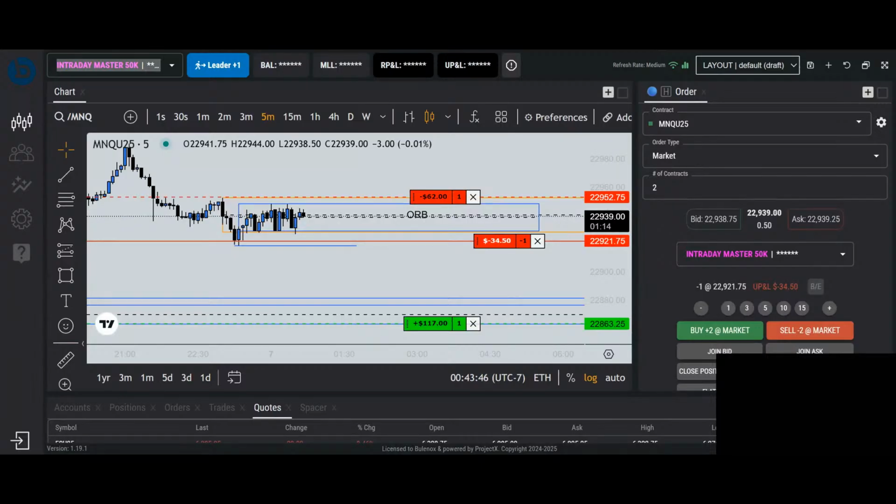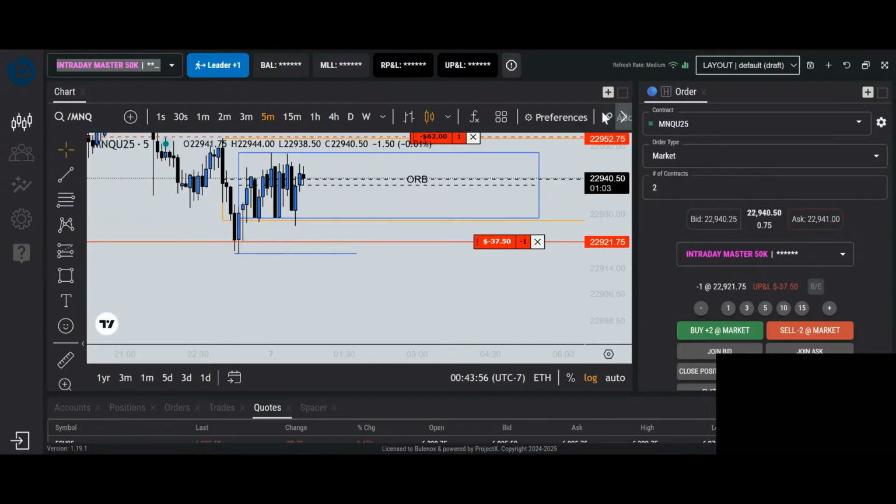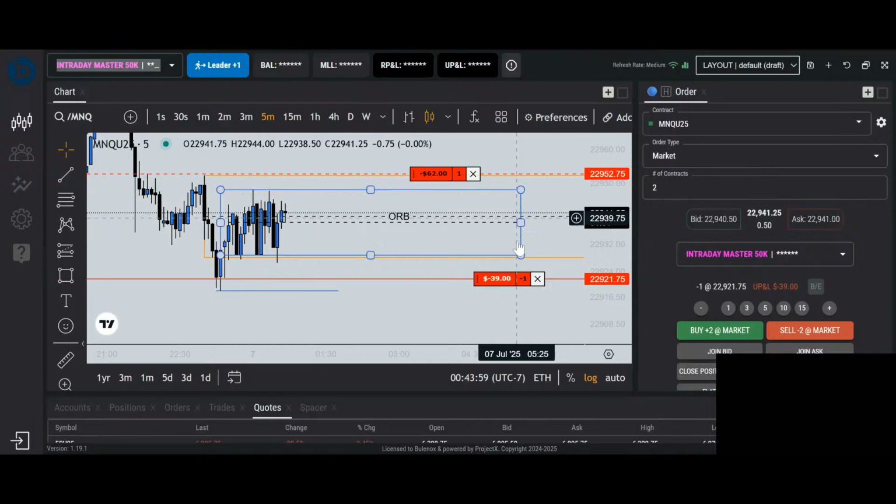I'm trading pre-ORB, so I'm trading 1 hour before the opening of London. We're still in the opening of London's ORB, the blue ORB range. This blue box is the ORB range of the opening.